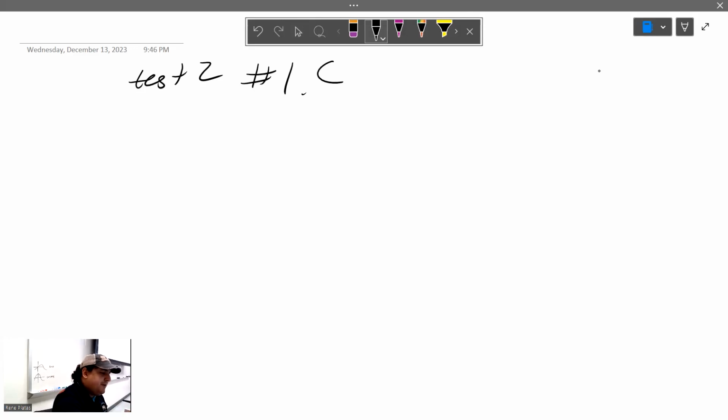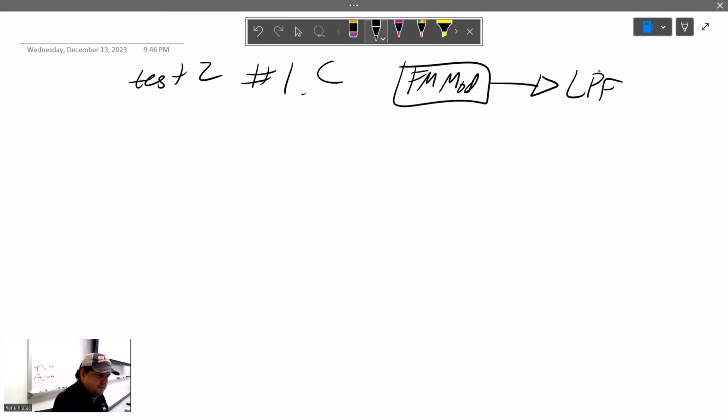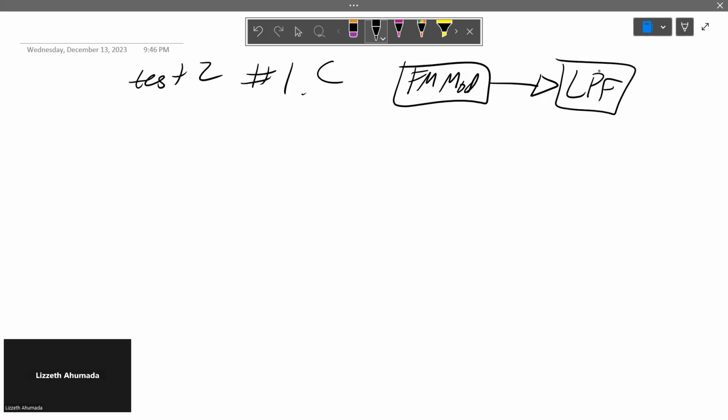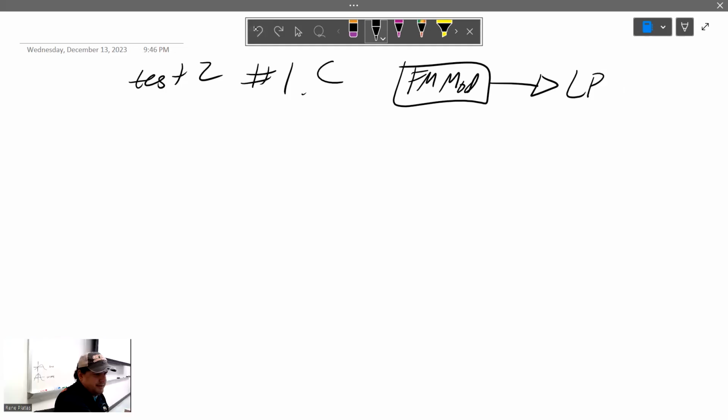We know how much power is at the input. You see it's an FM modulator, and then it goes into a low pass filter. It says bandpass filter, sorry. Band pass filter, and then output.